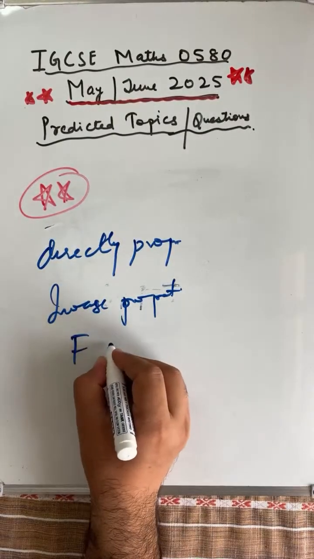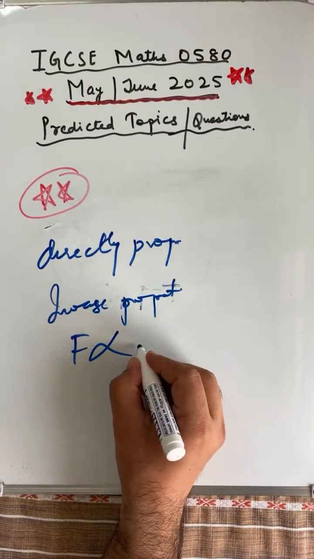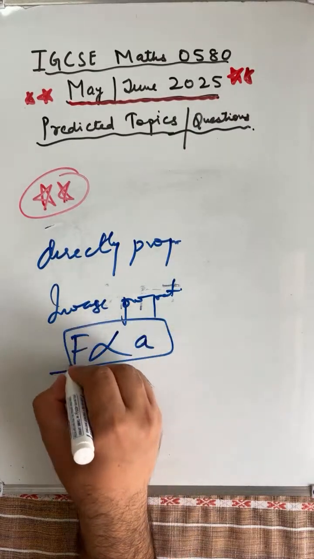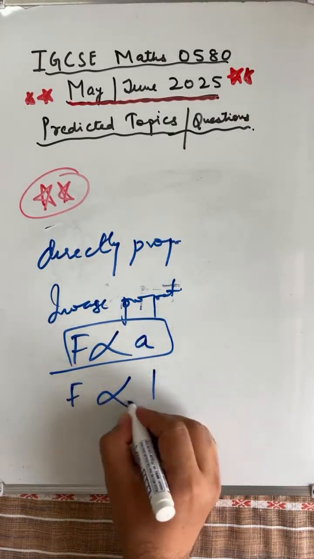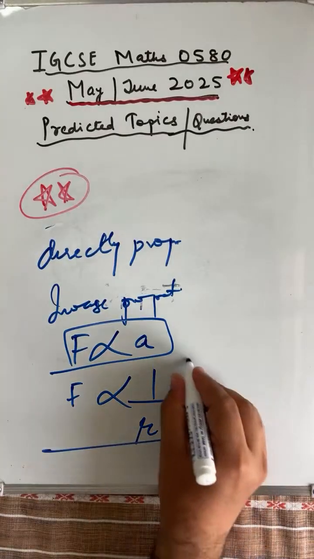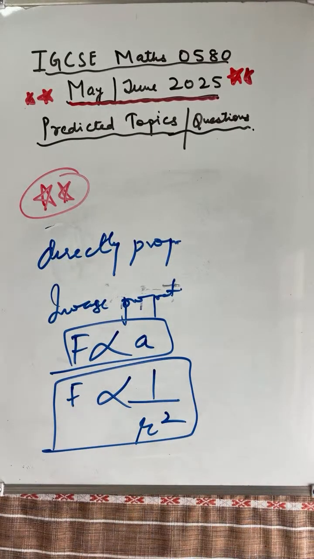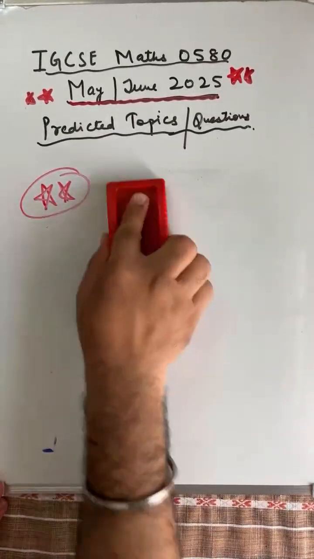Likewise, F is directly proportional to A, or F is inversely proportional to... then differentiation topic can become.